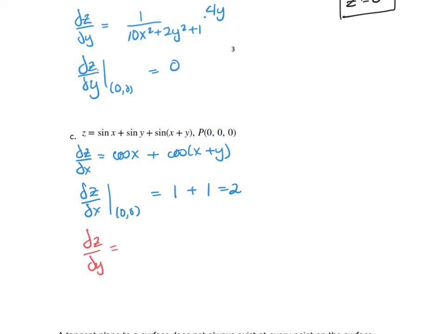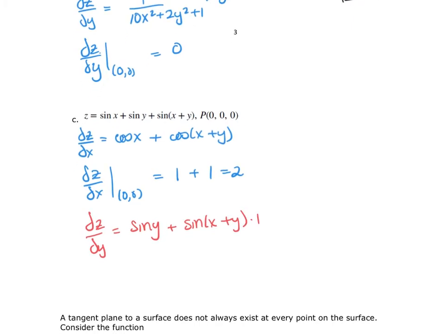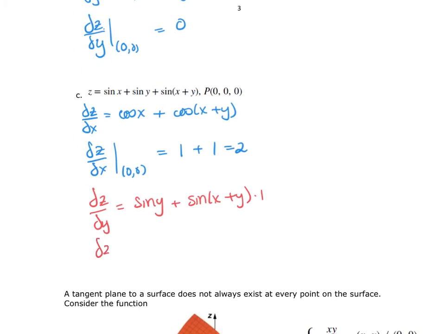Now I'm going to do my partial derivative with respect to y, and so this is going to be equal to the cosine of y plus the cosine of x plus y, and then the derivative of y, which is just 1. I'm now going to evaluate this at 0, 0, and this is going to give me, oh, those are cosines.